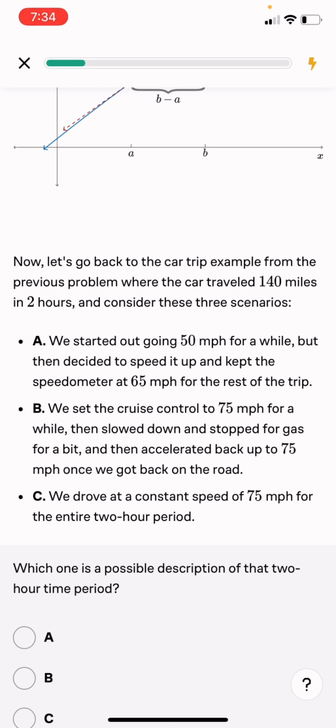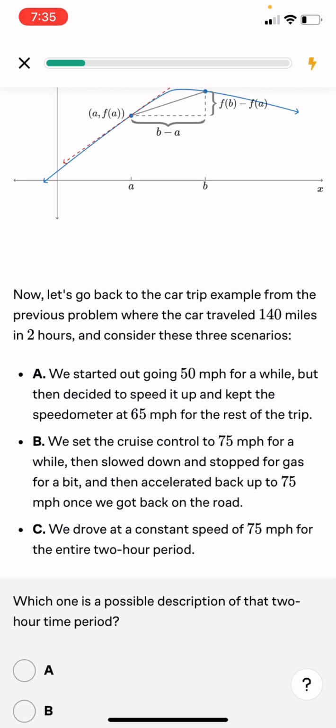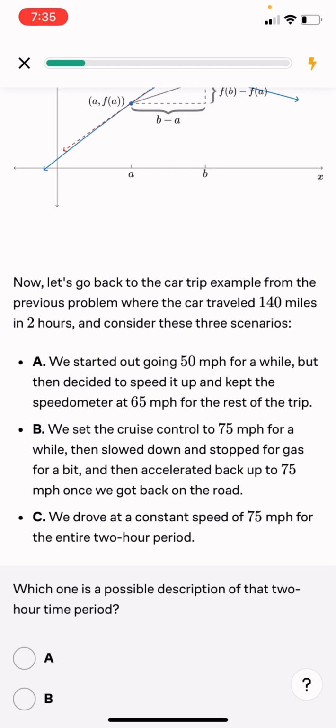Okay. Now let's go back to the car trip example from the previous problem where the car traveled 140 miles in 2 hours, and consider these three scenarios. A, we start out going 50 miles per hour for a while, but then decide to speed up and keep going at 65 for the rest of the trip. B, we set the cruise control to 75 miles per hour for a while, then slowed down and stopped for gas for a bit, and then accelerated back up to 75 once we got back on the road.